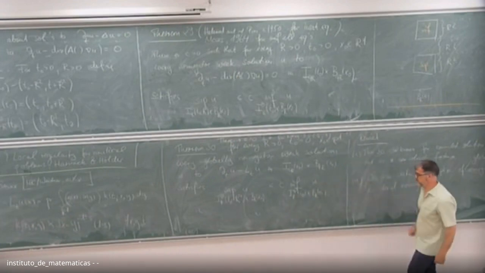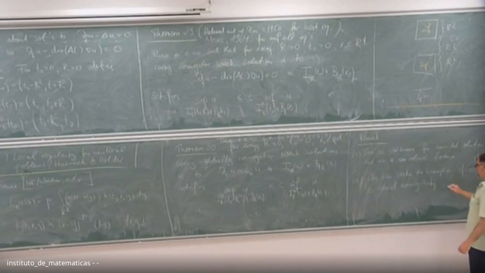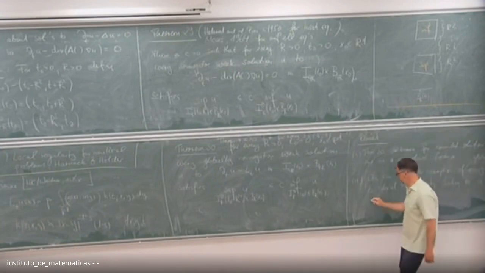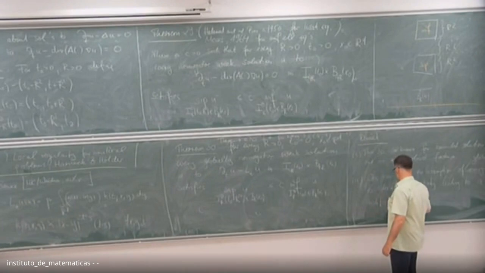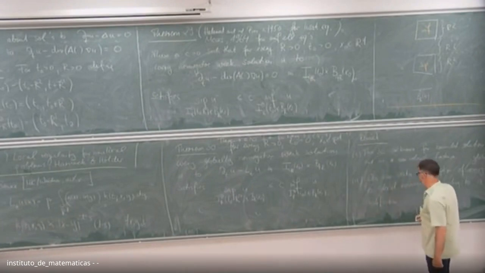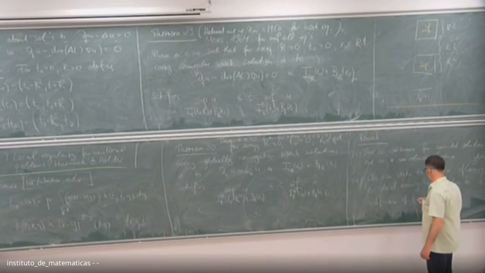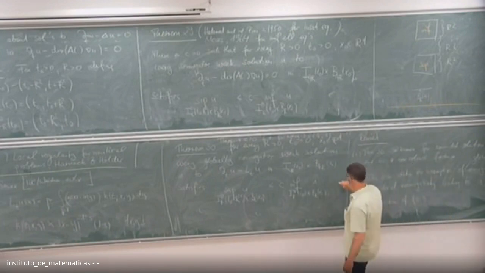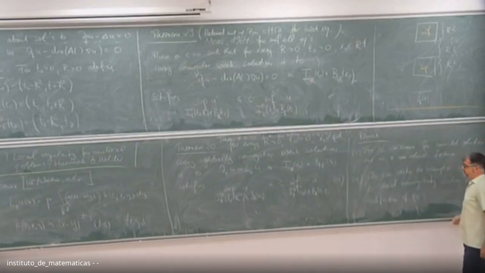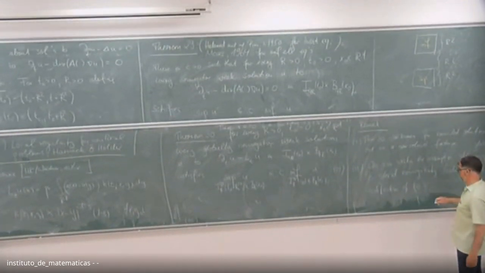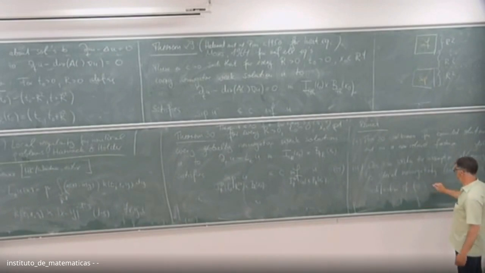But the most important one is on the right-hand side, leading to a modification of the parabolic Harnack inequality by the, yes, okay, tail terms here.